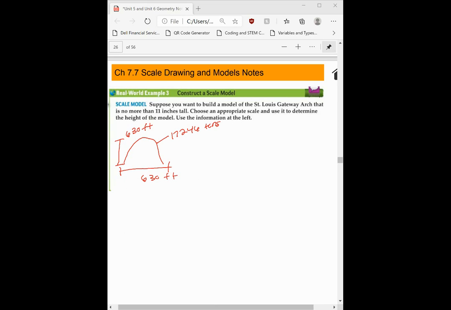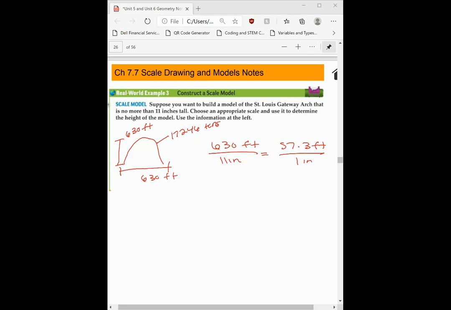Well, 630 feet divided by 11 inches is 57.3 feet per inch. So let's do that. 630 feet divided by 11 inches is equal to 57.3 feet per 1 inch.